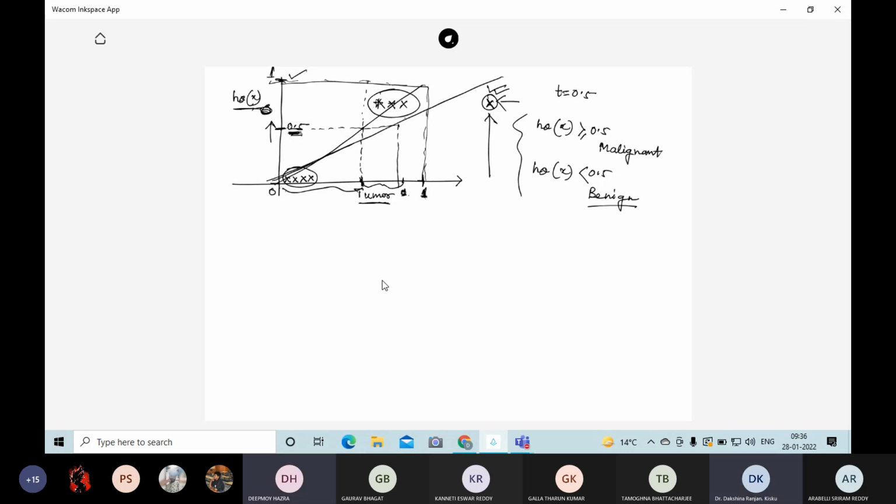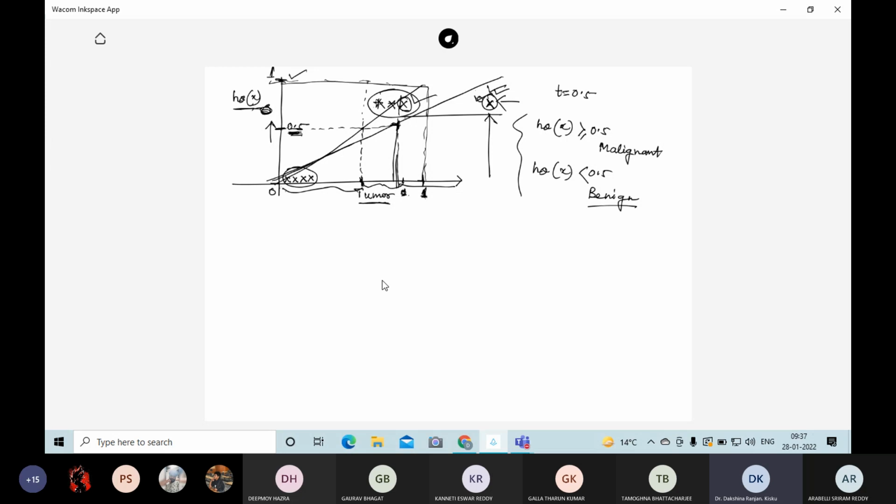The place of the best fitting line is changed, and earlier those examples were found as malignant, now they will be found as benign, because beyond this threshold point on the right hand side we can have only these examples as malignant.